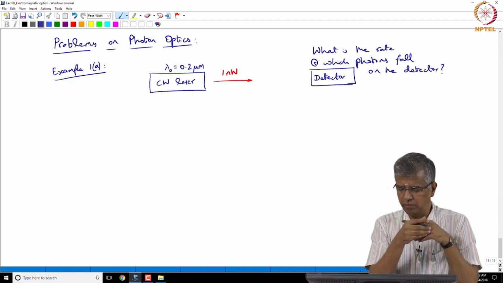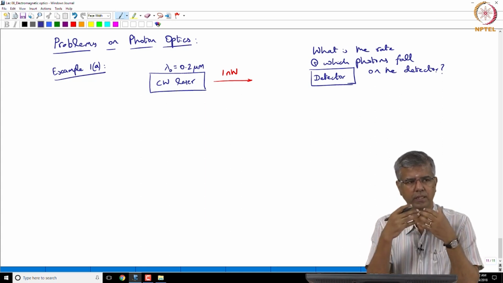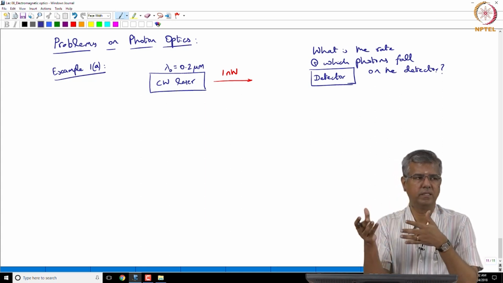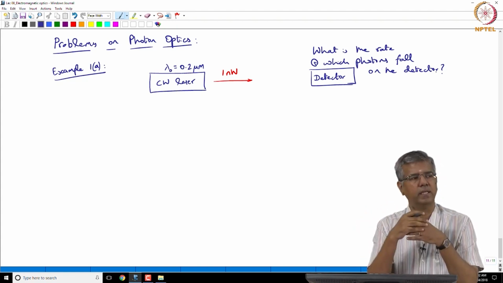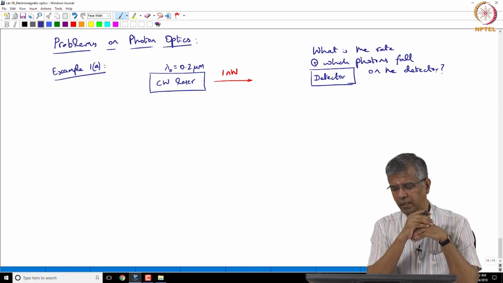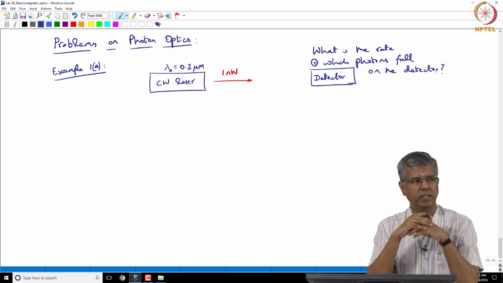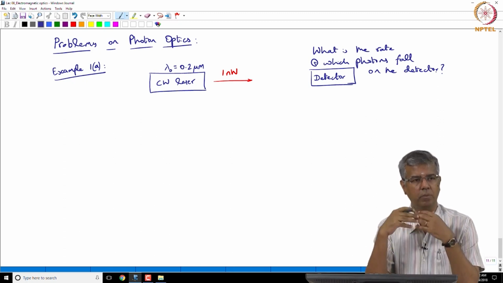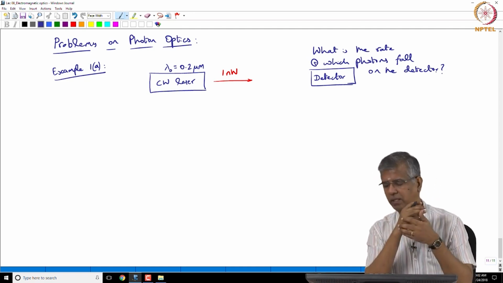So what we see is, in conventional wave optics, you deal with quantities in terms of power, energy density, power density, which is intensity, and so on. And what we will see in the corresponding photon picture is, we will talk about number of photons, and photon flux, which is actually what is asked here.